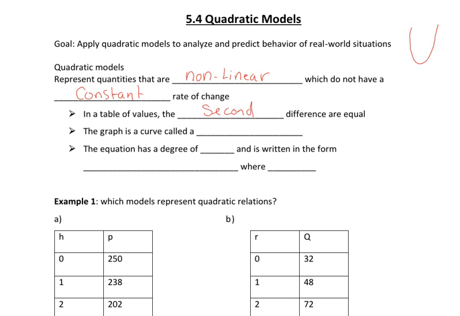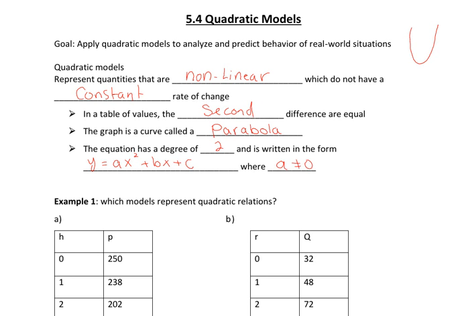Okay. What do we call the shape of the graph? A parabola. So the graph is a curve called a parabola. And the equation has a degree of 2 and is written in standard form: y equals ax squared plus bx plus c, where a cannot equal 0.